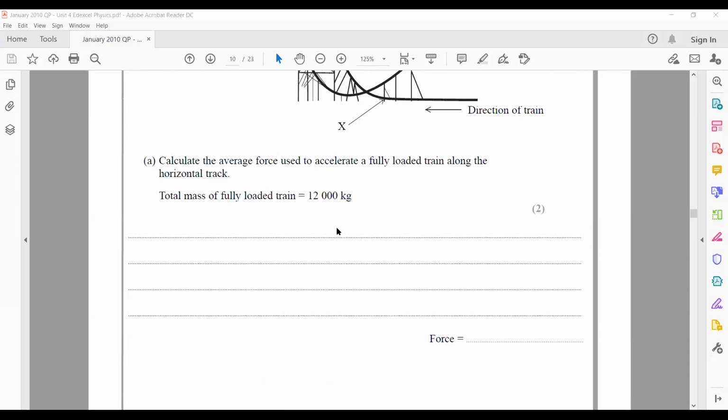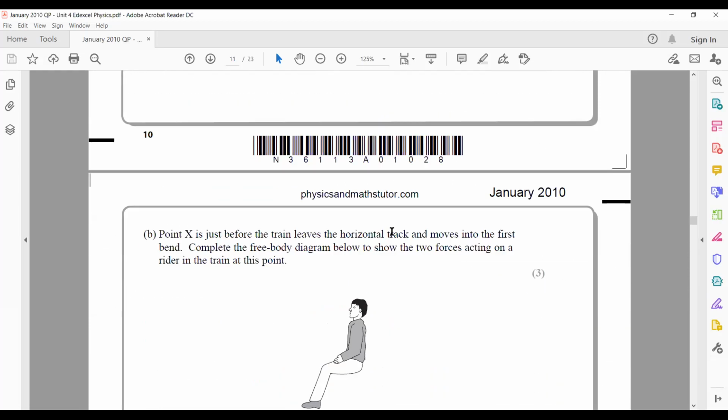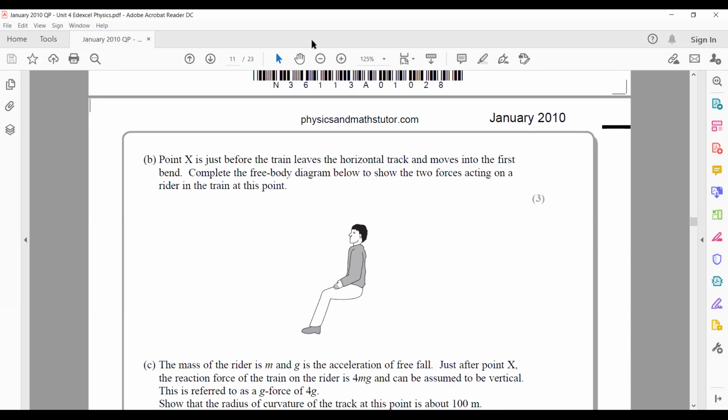Because it's just a horizontal movement. When an object is moving horizontally, there is no resultant force in a vertical plane. So weight is acting down and the normal contact force is acting up. And you will label weight and normal contact force. 1 mark is for weight, 1 mark is for normal contact force.